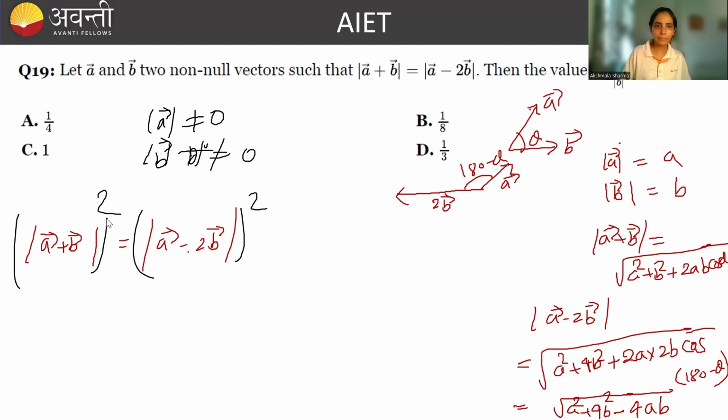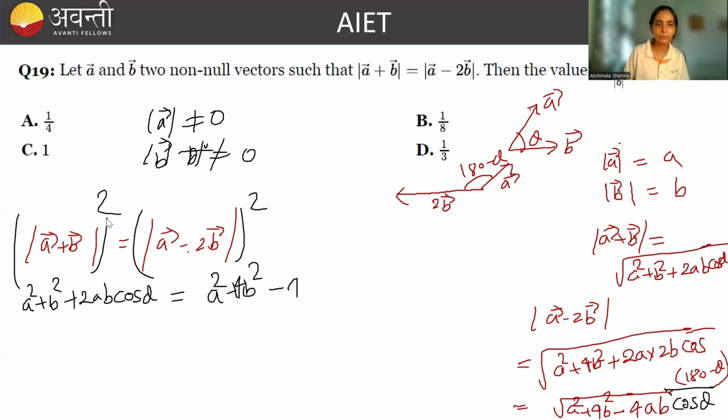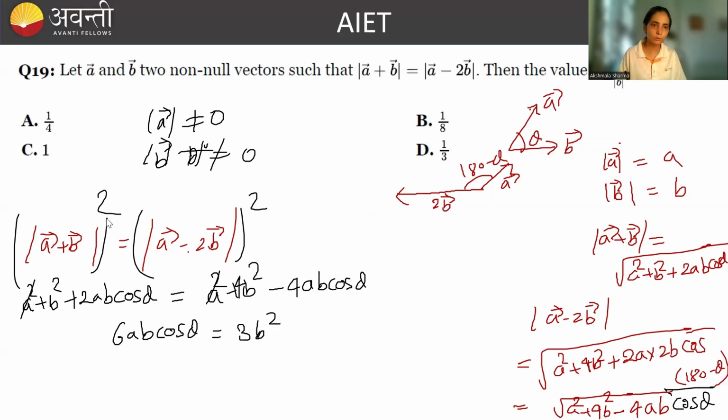So if you put a square plus b square plus 2ab cos theta, and on the other side cos of 180 minus theta gives minus 4ab cos theta. So a square plus 4b square minus 4ab cos theta. So a square will get cancelled and this will become 6ab cos theta, and this is equal to how much? 3b square. If you solve it more, 3 will go into it 2 times.